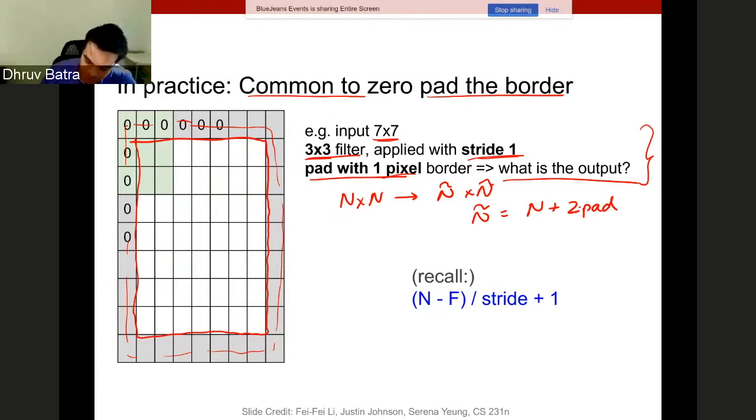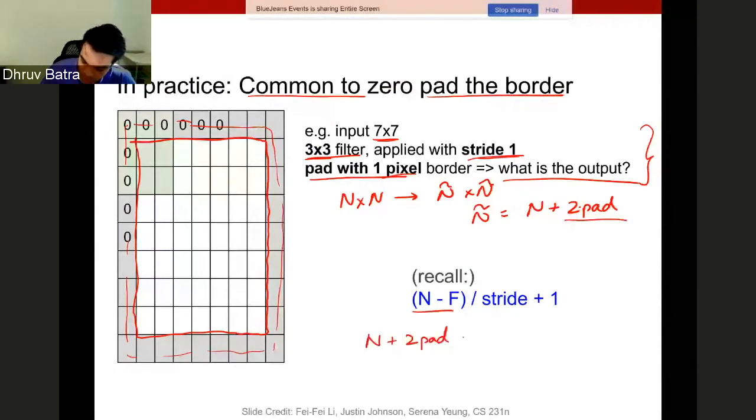And if I just plug in n tilde in this expression, I get n plus 2 times pad minus filter over stride plus 1. In this case, 7 plus 2 times 1, minus 3, over 1, plus 1, which gives 7. And that's the reason why it's the same size.